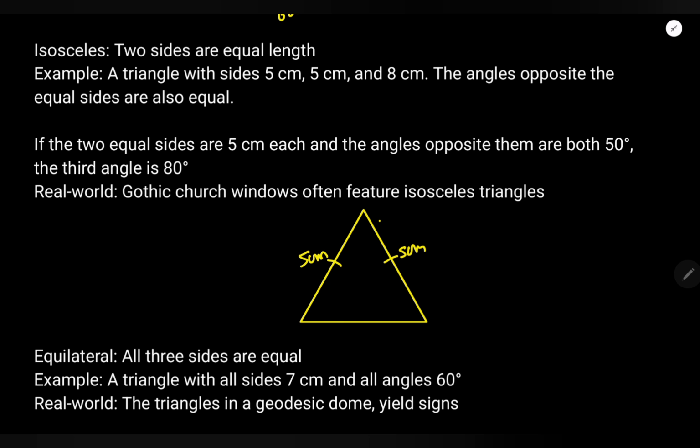This is known as an isosceles triangle, and there is a property of this triangle. The property is that these two angles, the angle opposite to this side and the angle opposite to this side, will always be equal. Suppose I say one is 50 degrees, then the other will also be equal to 50 degrees. So this is an isosceles triangle.